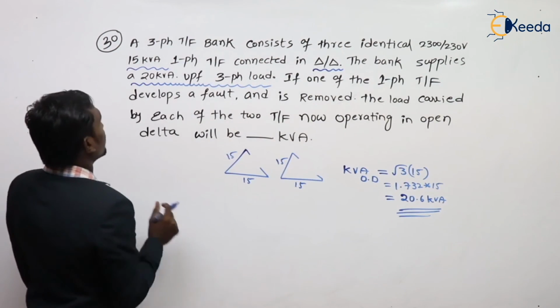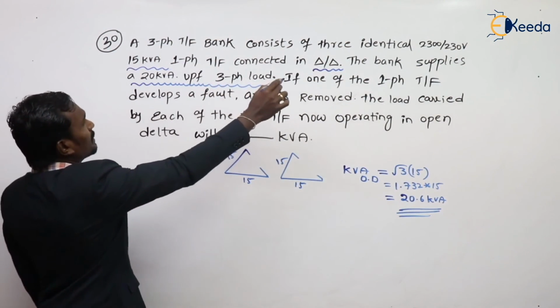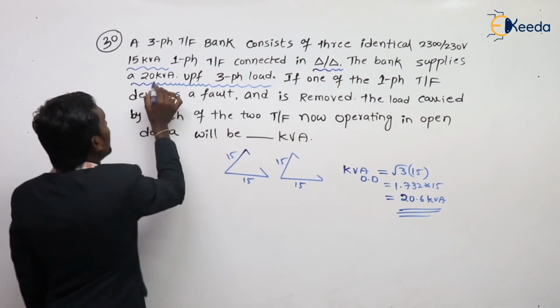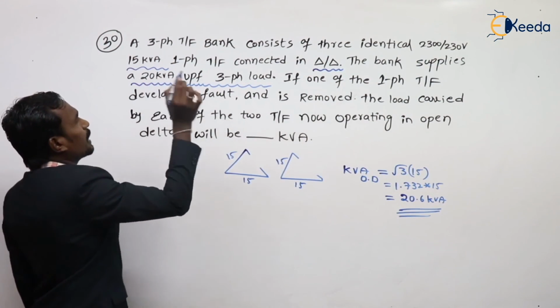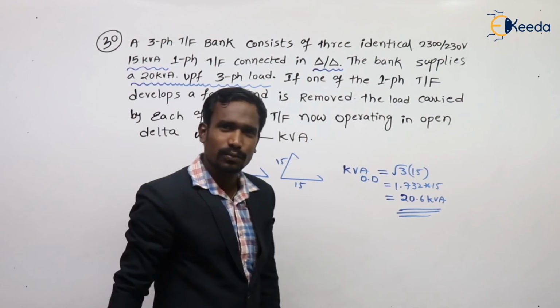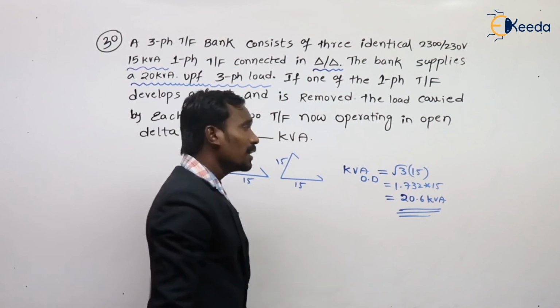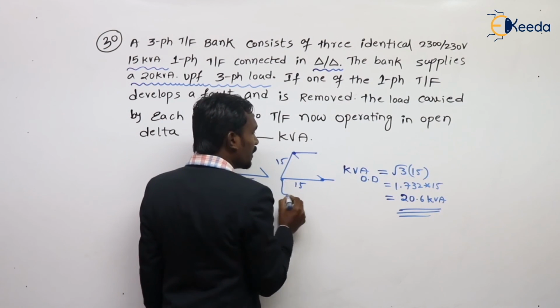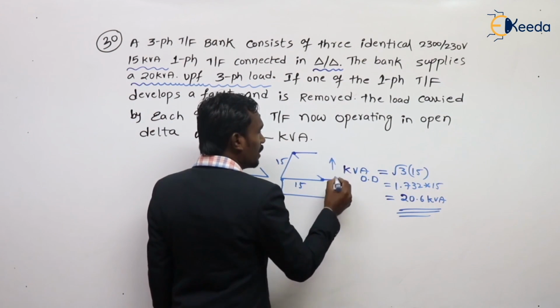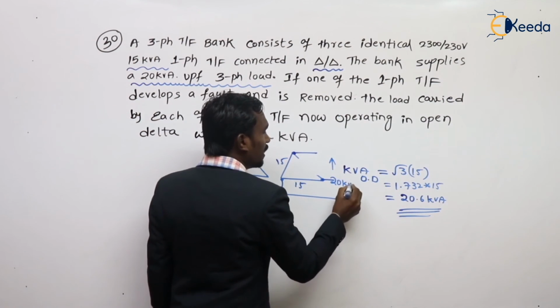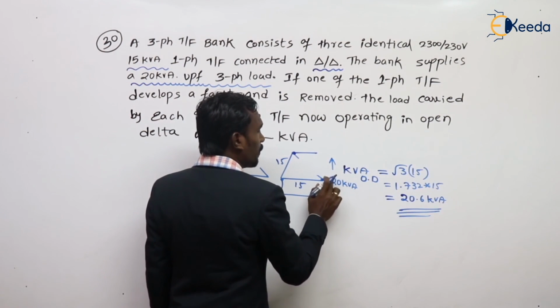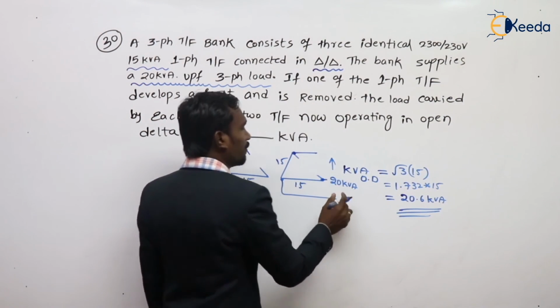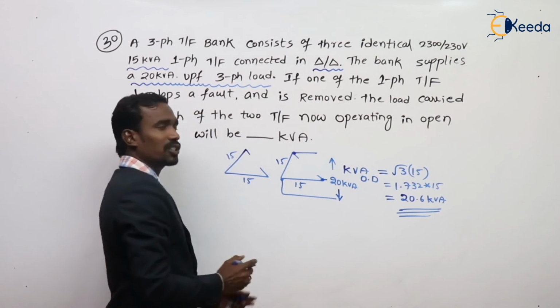But the question says the bank supplies a 20 kVA unity power factor 3-phase load. Only a 20 kVA load is applied on this system.